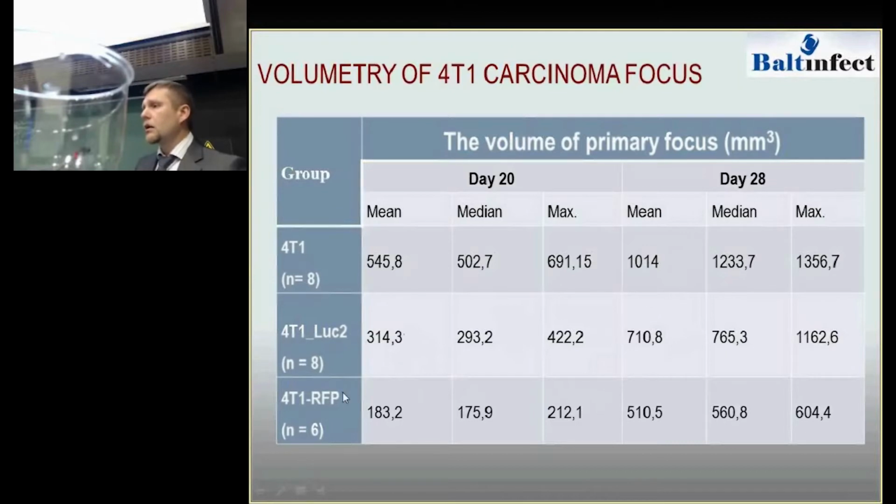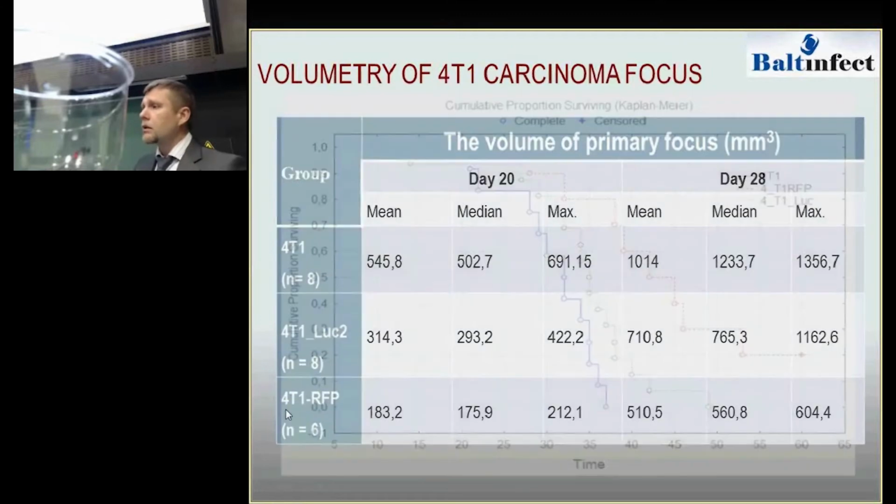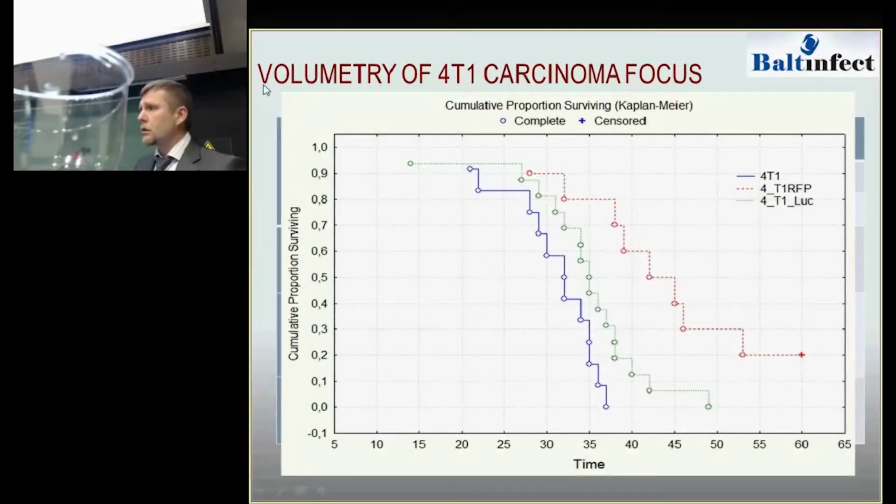But the interesting thing is that modification with red fluorescent protein severely decreases the volume, the tumorigenicity and the proliferation rate. This occurred because of an immune reaction to the red fluorescent protein, and you can see on the survival curve that about 20% of mice survive.